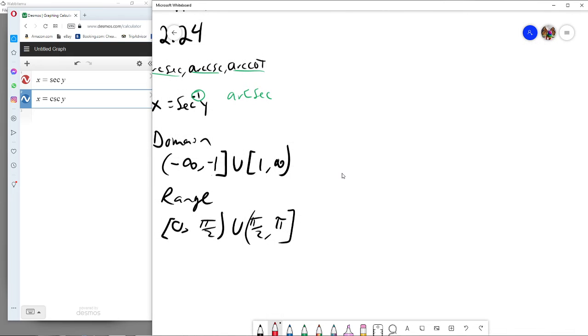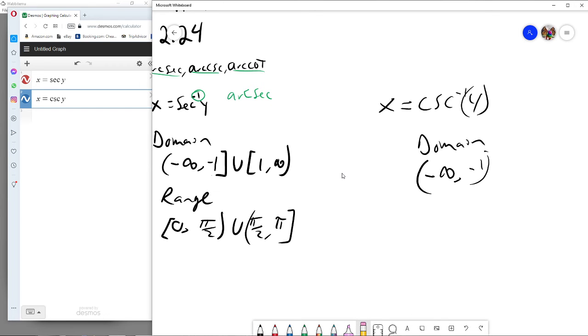Alright. So that was arcsecant. Here's arccosecant. So x equals cosecant y. This will have a domain from -infinity to -1, union with 1 to infinity. And as we saw, the range is going to have a shift over.